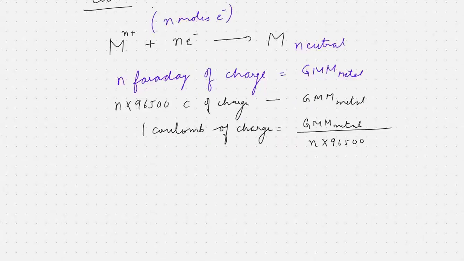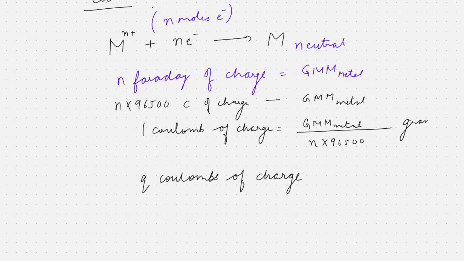So if I am given random Q coulombs of charge, Q coulombs of charge will deposit how much metal?